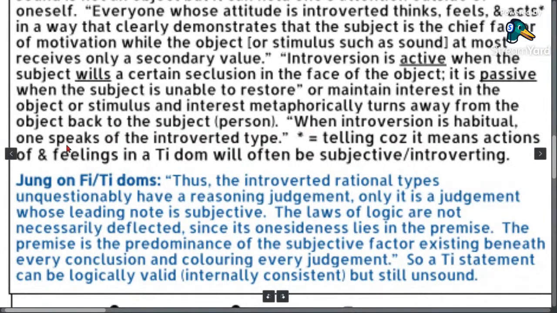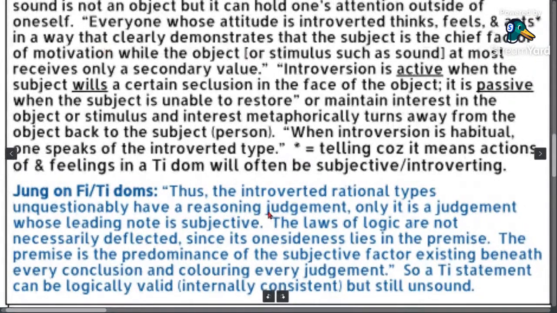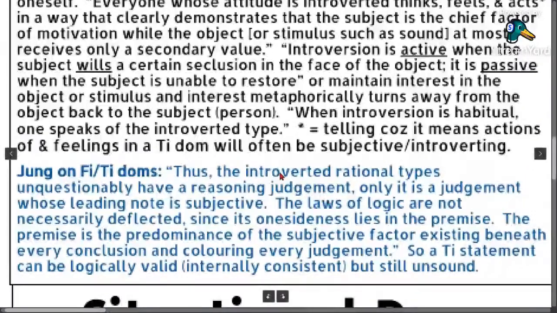When introversion is habitual, one speaks of the introverted type. And here, telling, because it means actions of and feelings in a TI DOM will often be subjective, introverted. And it also means that the thinking and feelings in an ISTJ will also be subjective as well. And then this is for rational types. It's just keeping separate the laws of logic from TI, which explains why you can have feeling types that have very high logico-mathematical IQs.